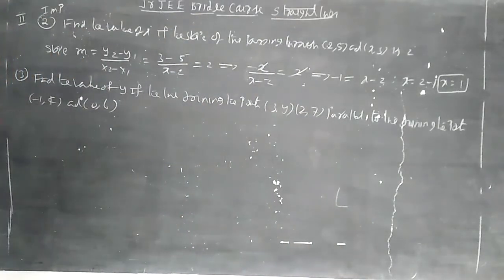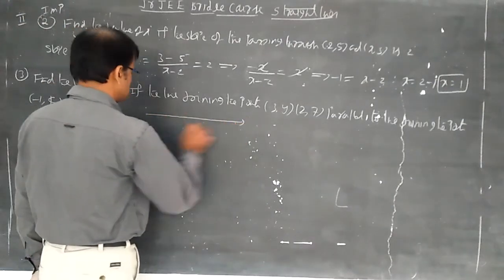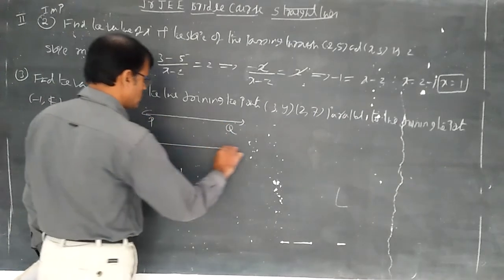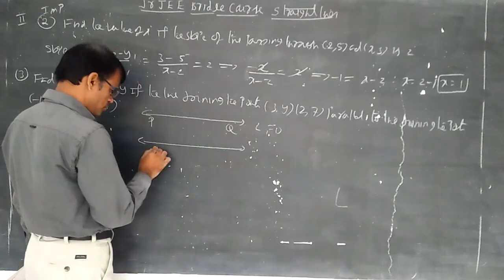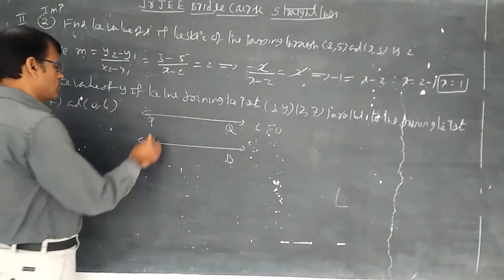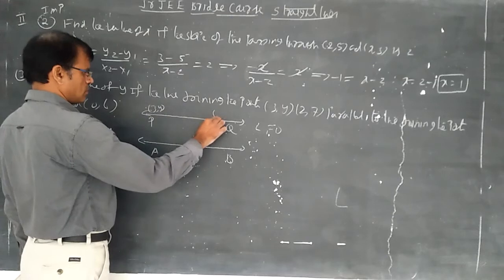The concept we know is that whenever two lines are parallel, their slopes are equal. Now draw like this. Put here P and Q. This is L1. Put here A and B: (3, y), (2, 7).